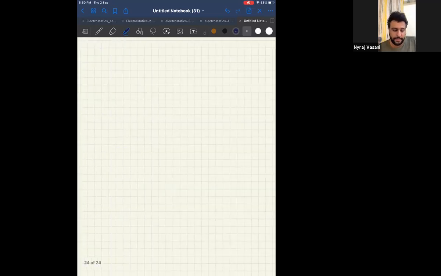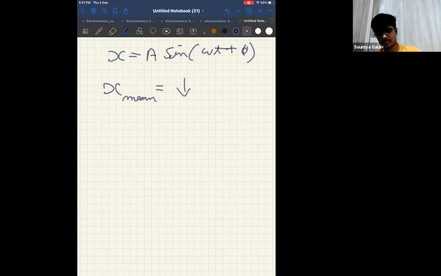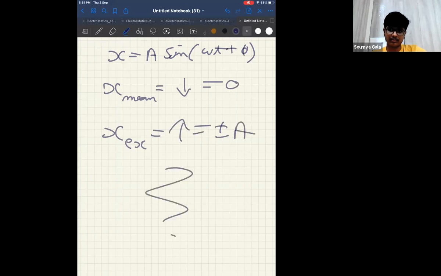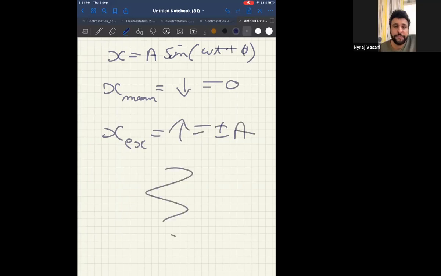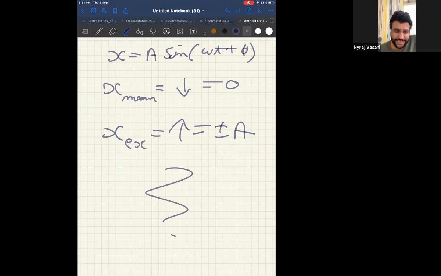Displacement, how many formulae do you know? Tell me. 3. So 9 formulae you know: 3 for displacement, 3 for velocity, and 3 for acceleration, correct?